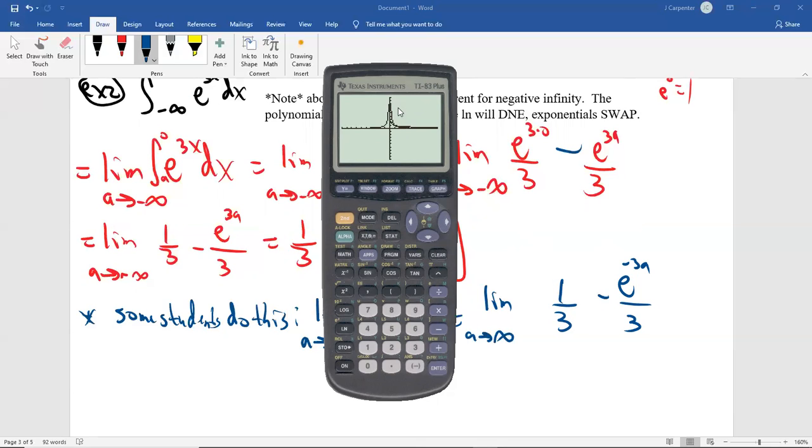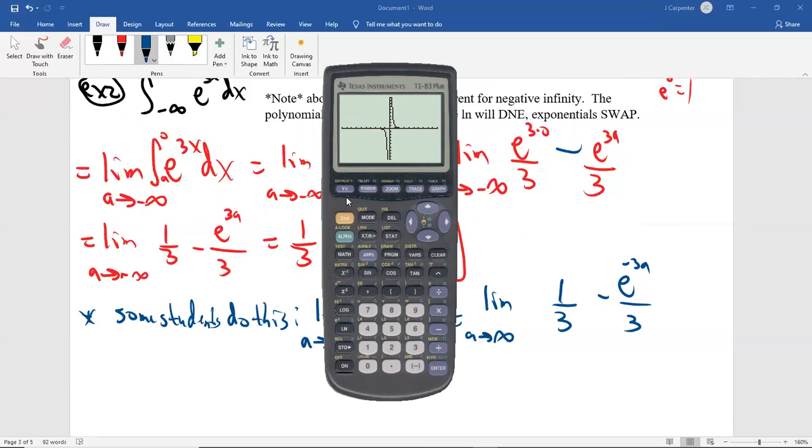That was 1 over the cube root of x to the 4th originally. It flattened out to 0 on the left, it flattened out to 0 on the right. The 1 over square root of x is doing the same thing, even though you can't see it. If you have 1 over x cubed, or 1 over x to any positive power, look at this, on the left and right side, they both flatten out in the same manner. It flattens out from below on the left and above on the right, but it's still flattening out to a height of 0.